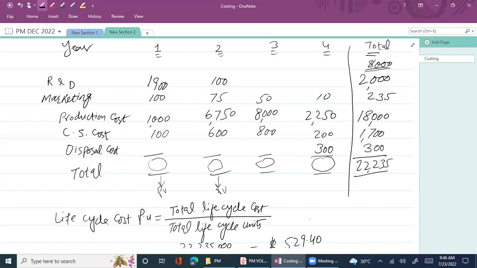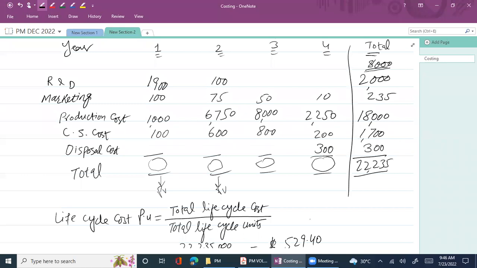Therefore, you need not get confused about why we are not looking for the time value of money, because we have an assumption that there is no time value of money in the performance management paper. So in this syllabus, we will ignore it.